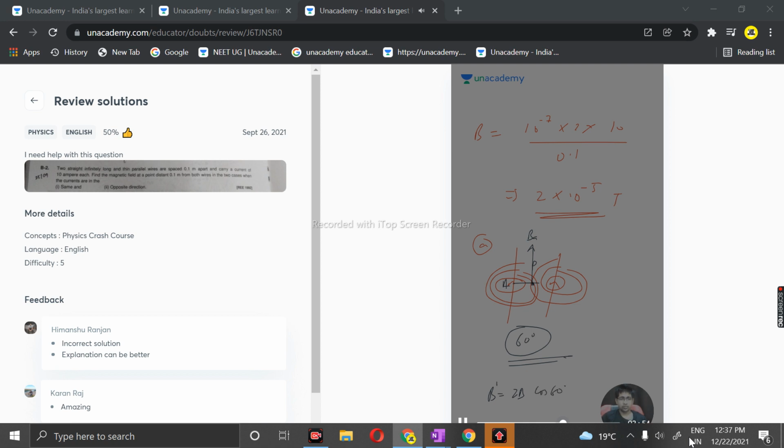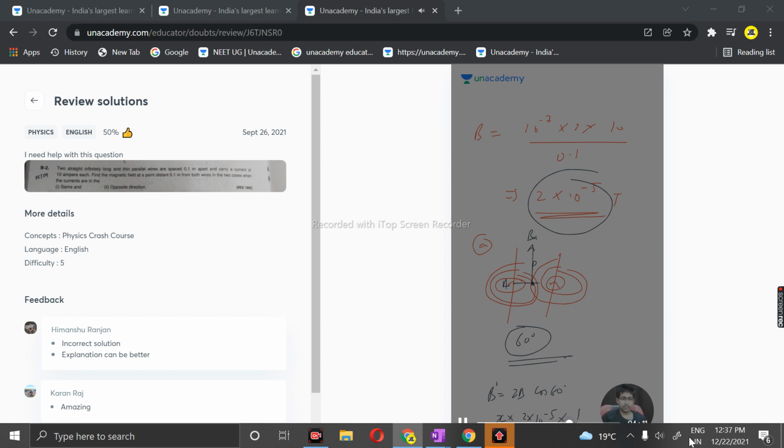Twice the magnetic field we have already calculated, 2 into 10 raised to the power minus 5, into cos 60 which is half. So this becomes 2 into 10 raised to the power minus 5 Tesla.